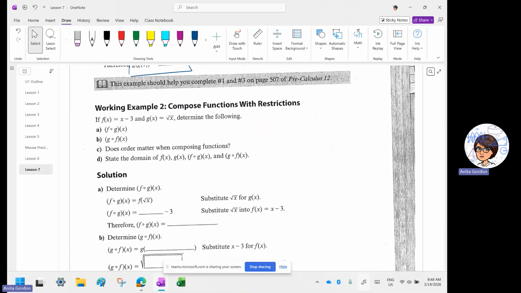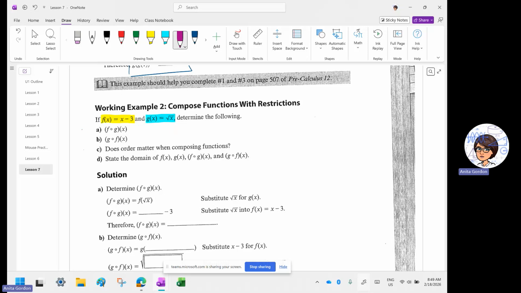We're going to have to do something similar here because not all composition functions work no matter what we start with. So again, looking at two functions, we have a linear function and now a radical function. We know that radical functions require a restriction, right? We cannot have negatives inside the radical.